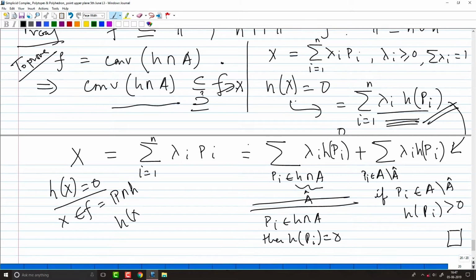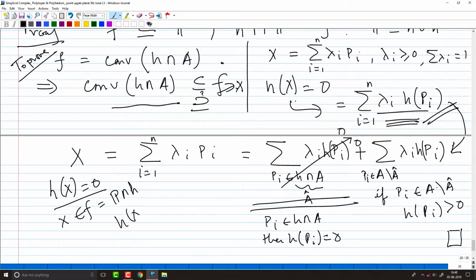Good. All of this is 0 because H of p i is equal to 0. All of this H of p i is greater than 0. If at least one lambda i was greater than 0, then H of x cannot be equal to 0. I would have got a positive value from here. That means all the lambda i's are equal to 0.